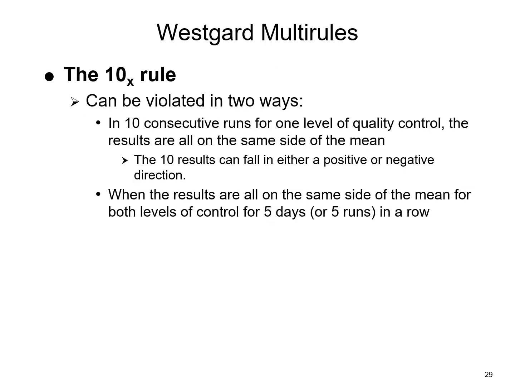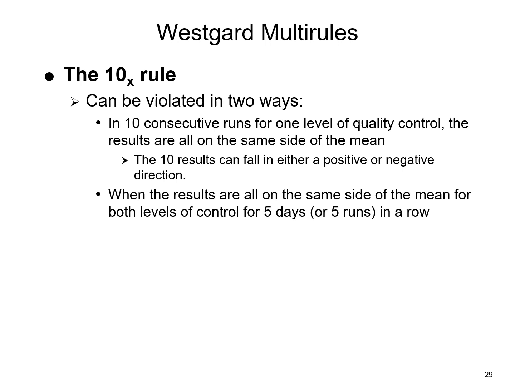All right, and now we have the 10-consecutive-run rule. This can be violated 2 ways as well. Again, we've got to look at it within consecutive runs or consecutive days, back-to-back runs for one particular level. Those 10 results for that one level fall on either side, positive or negative, consistently on one side of the mean.